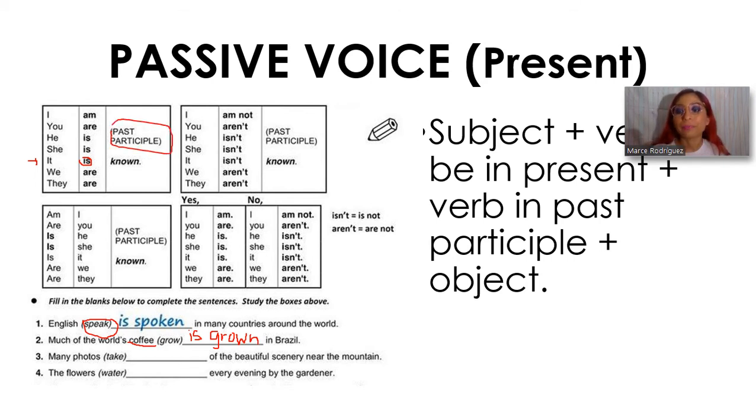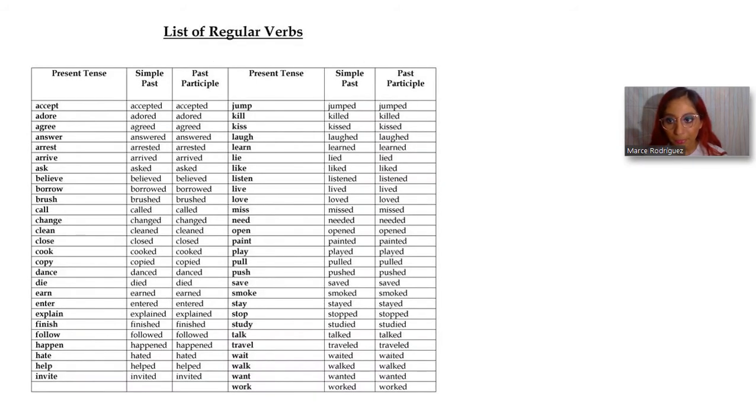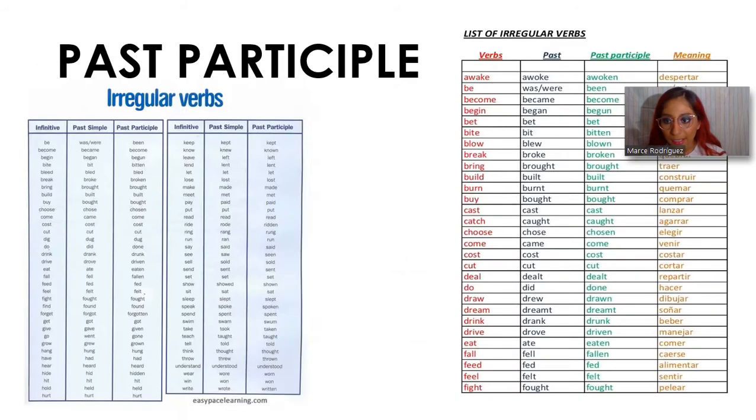Okay, number 3. Many photos take of the beautiful scenery near the mountain. Many photos is plural, so it's they. Okay, we use are because it's plural. Many photos are take. Let's find take in past participle. Vamos a buscar el pasado participio de take. Take.